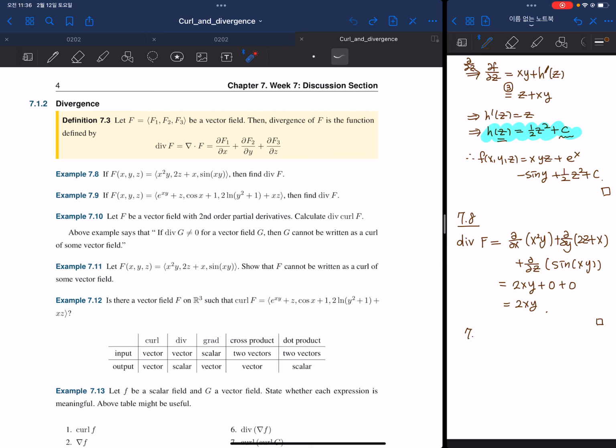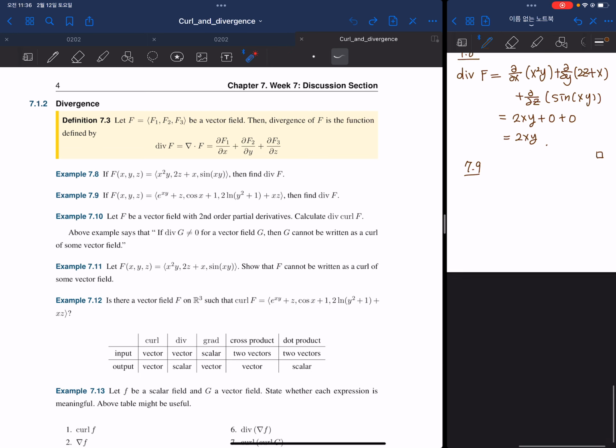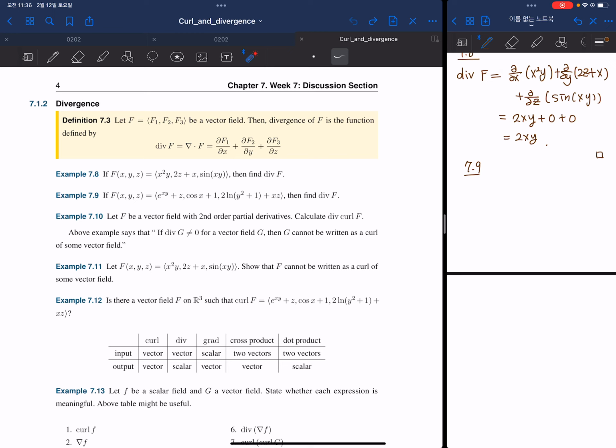Let's do one more example for divergence. You want to calculate it, so the divergence of f is ∂/∂x of e to the xy plus z, plus ∂/∂y of cosine x plus 1, plus ∂/∂z of 2 ln y squared plus 1 plus xz.